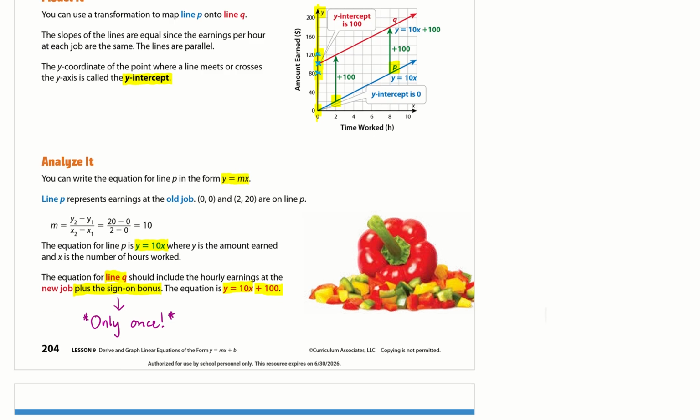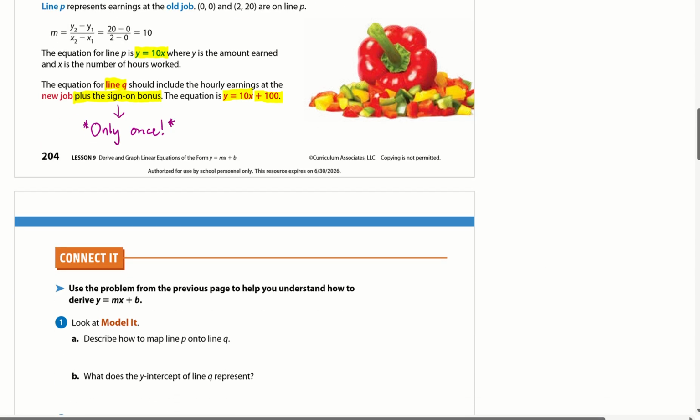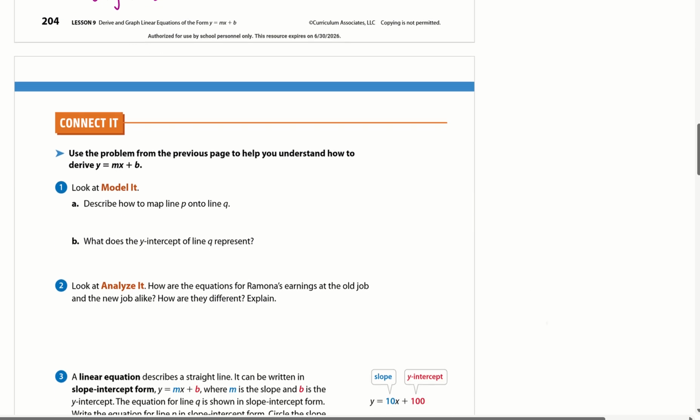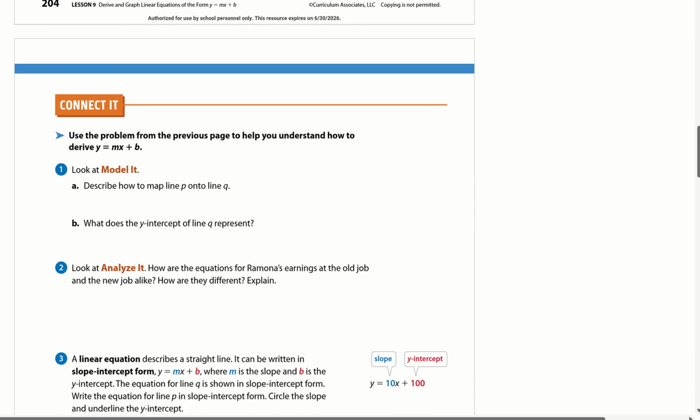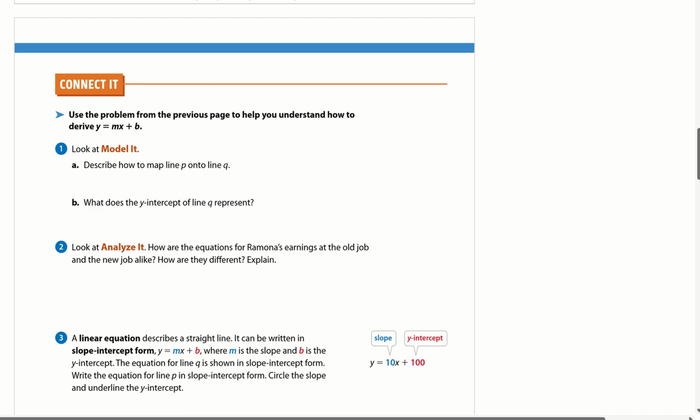If we go on to the next page, now we're looking at the connected problems on page 205. It says use the problem from the previous page to help you understand how to derive y equals mx plus b. If we look at 1a, describe how to map line P onto line Q. And then B, what does the y-intercept of line Q represent?